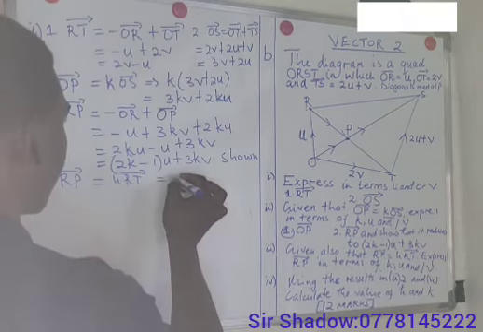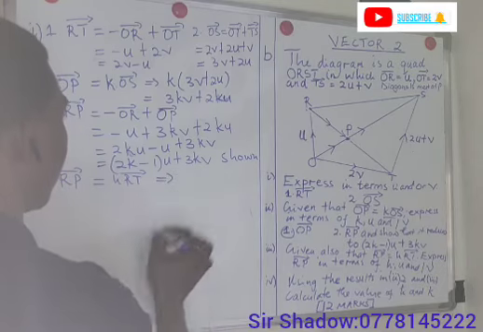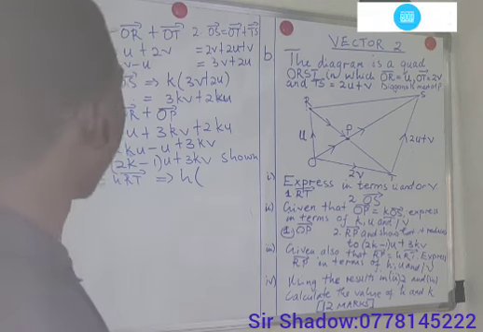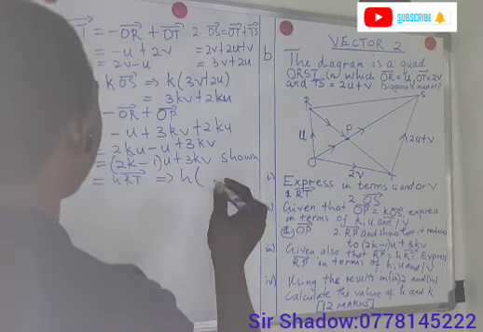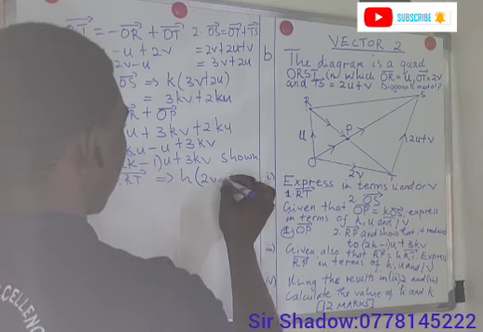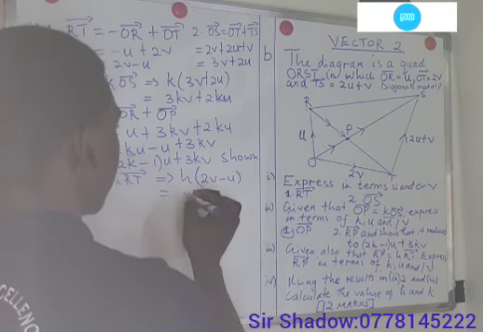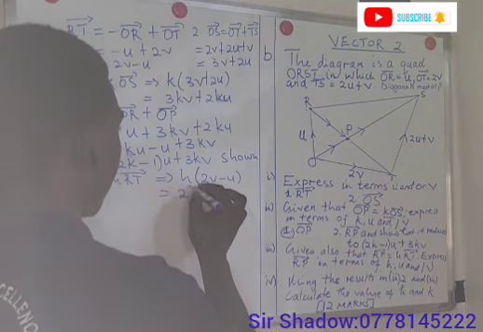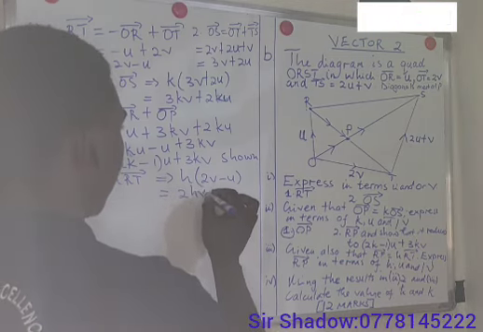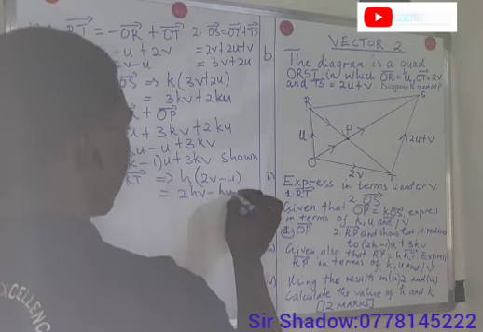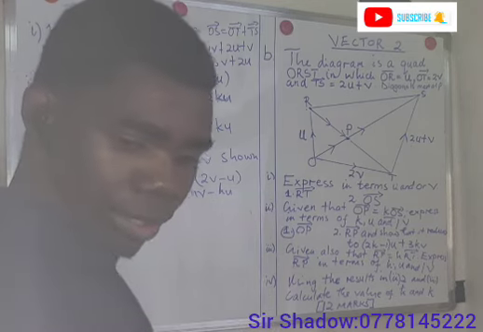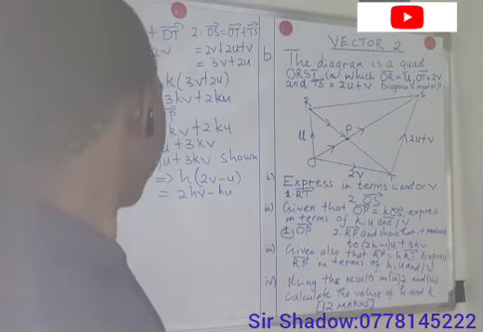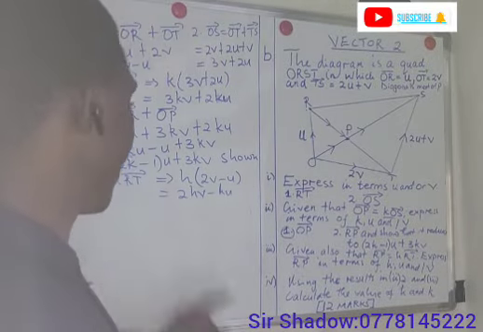So this is equals to h multiplying RT, but we already have RT here, which is 2v minus u. So this is equals to 2hv minus hu. So now we have the vector RP.